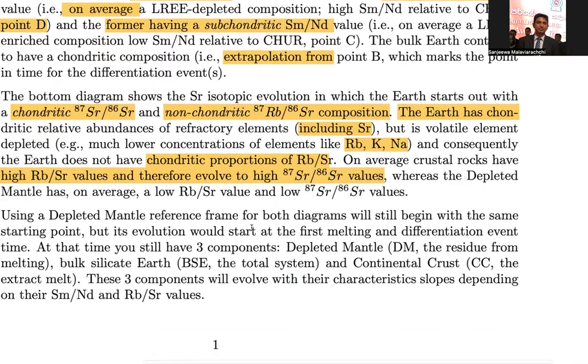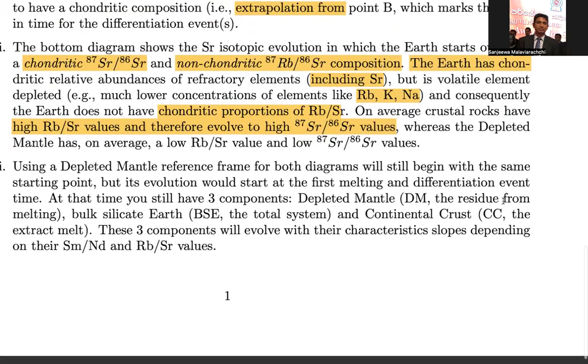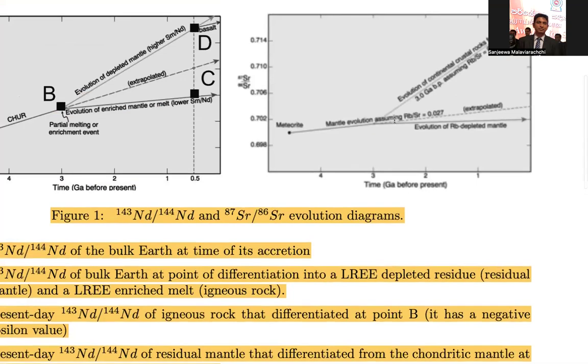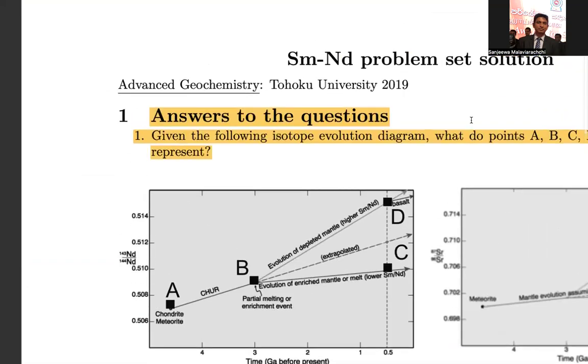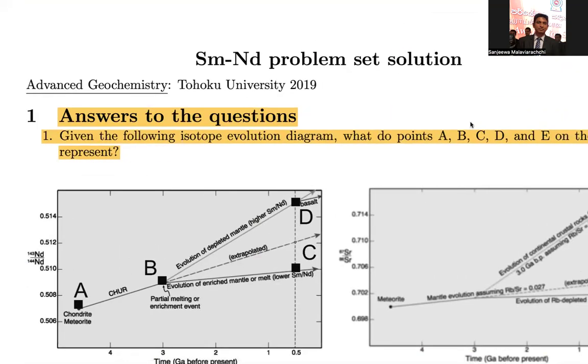Okay. Then, whereas the depleted mantle has on average low rubidium strontium and low strontium 87 to 86 values, right? This one, because it has less amount of rubidium, so you are getting a lower slope, right? So this is what you have to explain if you are given this question.